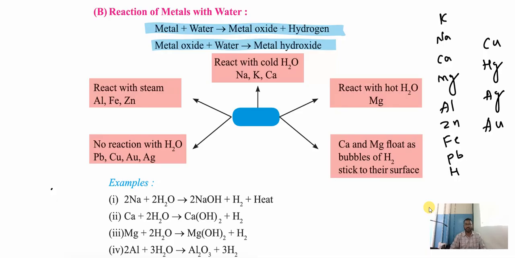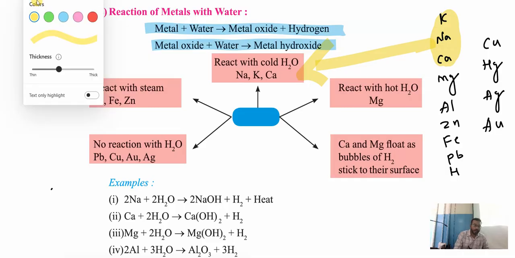Can you see the first three? Children, interesting. What is this first three? These first three react with cold water. Simple. The first three in the reactivity series, potassium, sodium and calcium, react with cold water.